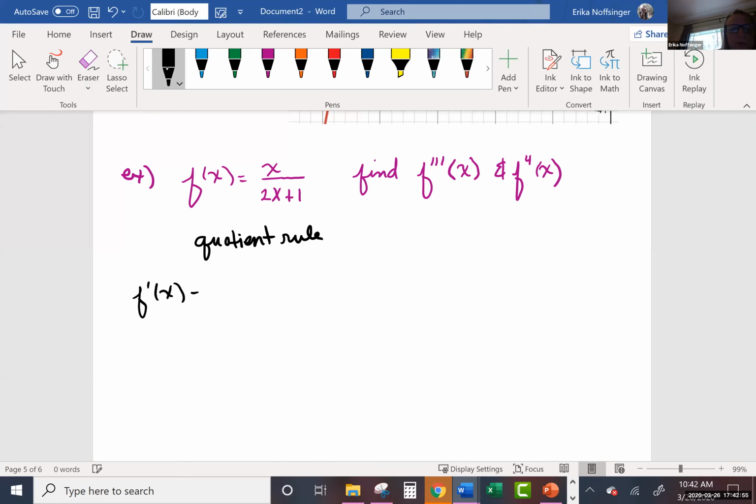So the quotient rule says take the derivative of the top, which is 1, times the bottom, which is 2x plus 1, minus the top, which is x, times the derivative of the bottom, which is just 2, all over the bottom squared.